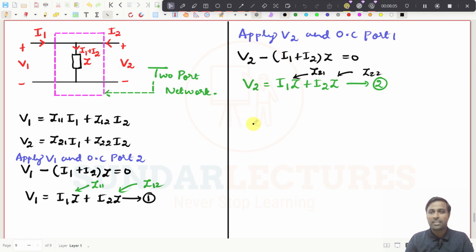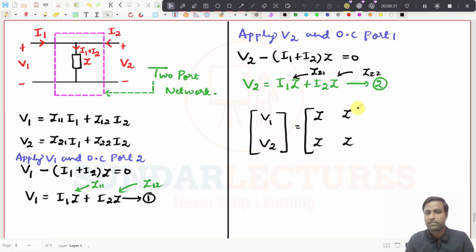So if you are writing the expression, what you will get, this is V1, and this is V2, and equal to, this will be Z, this will be Z, this will be Z, and this will also be Z, into I1 and then I2, right?